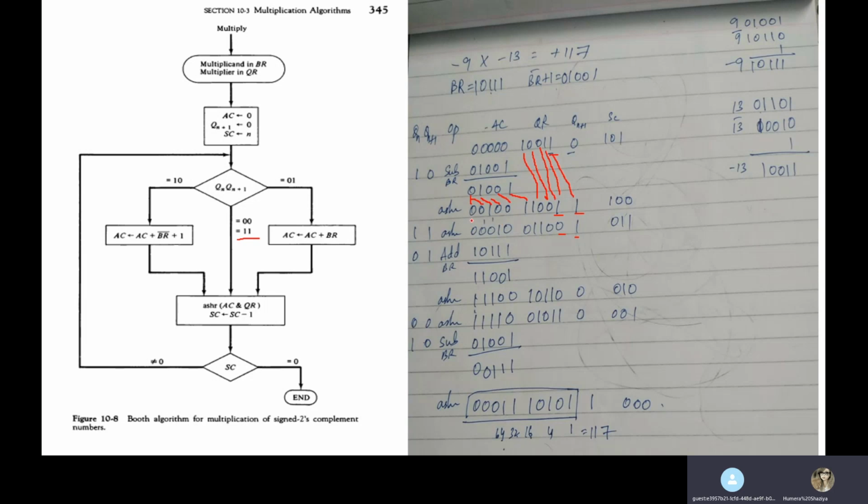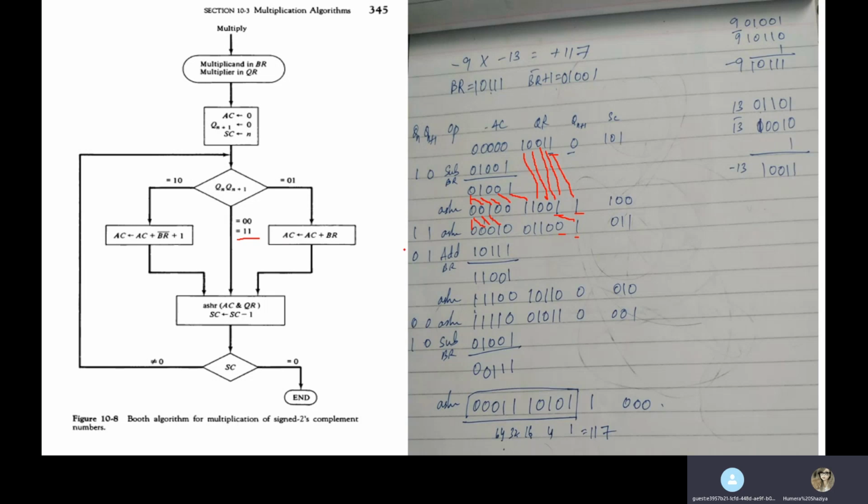Again, you perform arithmetic shift right. This 0 is restored to preserve the sign bit, and it is also moved to the second position, and the process continues until the final last bit is moved out into Qn plus 1.